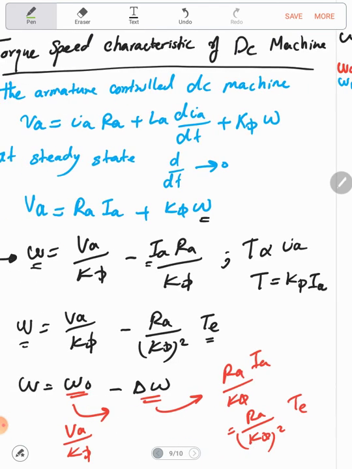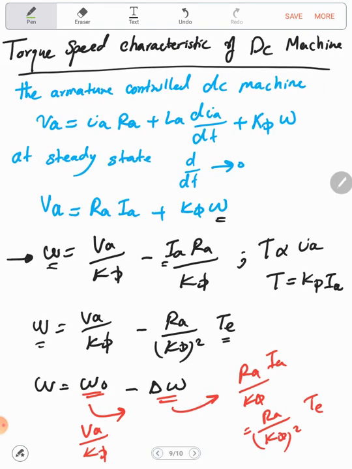Now to control the speed of the machine, if we look here, we can control the speed by controlling the voltage, or by adding resistance in series with the armature, which actually can be seen as a voltage control because we are dividing the voltage, or simply by controlling the flux. We cannot control the torque because we cannot specify a certain torque.